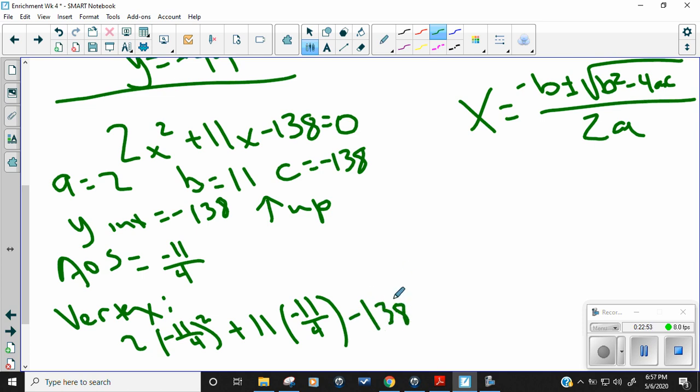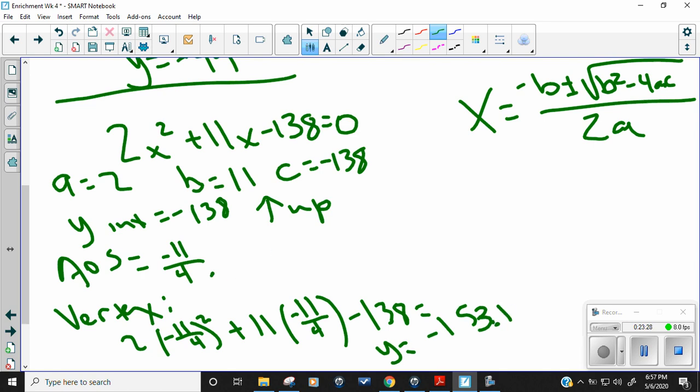So, 2 times parentheses 11 divided by 4 squared, plus negative 121 divided by 4, minus 138. Whew, I got a y of, I guess I don't need those equals, negative 153.1.